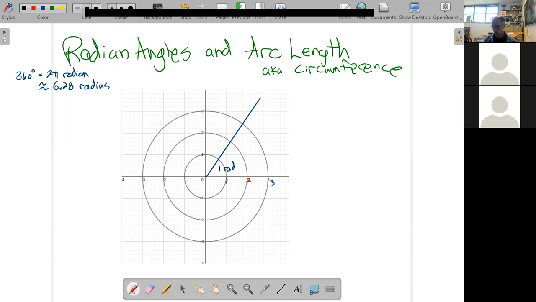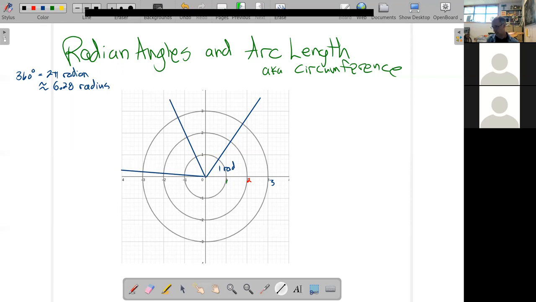And it is literally a radius on that particular circle. So then if I went around to 2 radians, let's get my pen out, 2 radians is going to be about here. 3 radians is going to be about there.